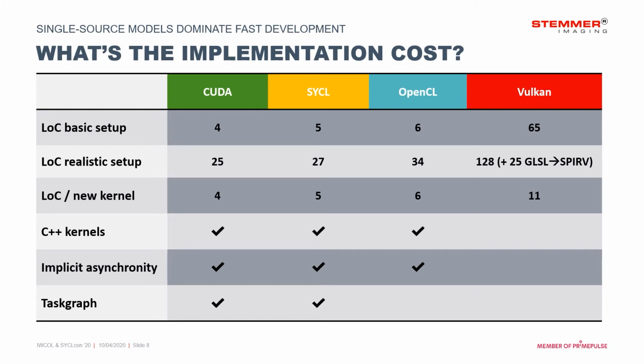With CUDA and SYCL, we have a task graph implementation that provides this. With CUDA, you can also define that each host thread should define a new CUDA stream and therefore provide easy access to asynchronous operations. In OpenCL, there are also out-of-order queues, which somewhat give you implicit asynchronicity.